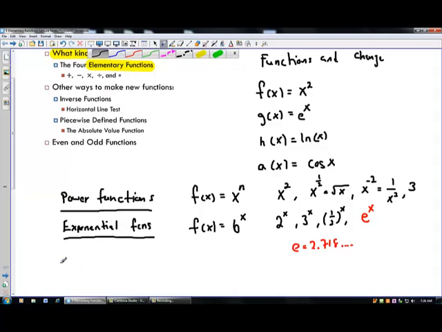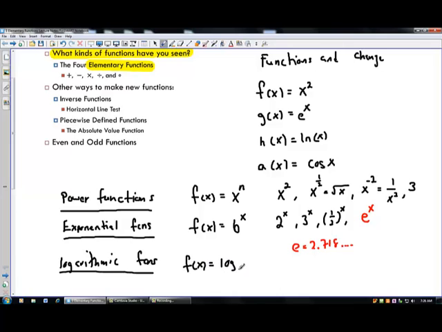elementary function is the logarithmic functions. These look like f of x equals, and you might have something like log base b of x. A lot of times you'll see something like log base 10 of x, and a lot of times that's just written log of x.